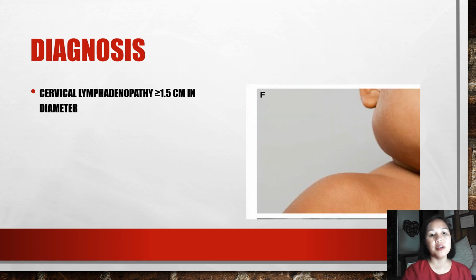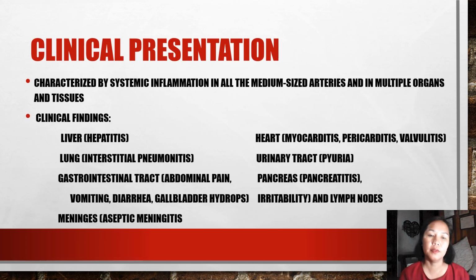Fifth is cervical lymphadenopathy of greater than or equal to 1.5 centimeter in diameter. So diagnosis of Kawasaki disease is considered when there is greater than or equal to 5 days of fever plus 4 out of 5 of the criteria.